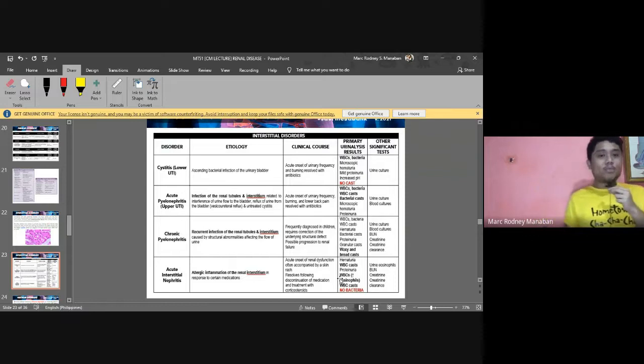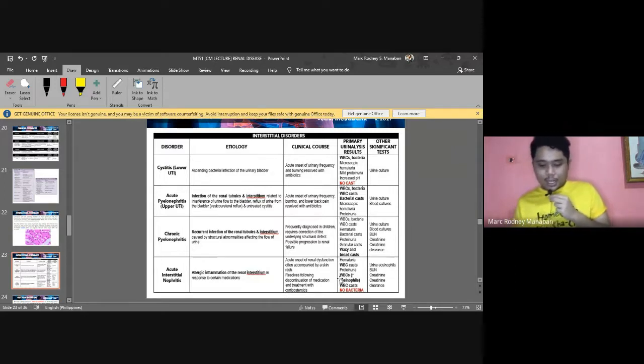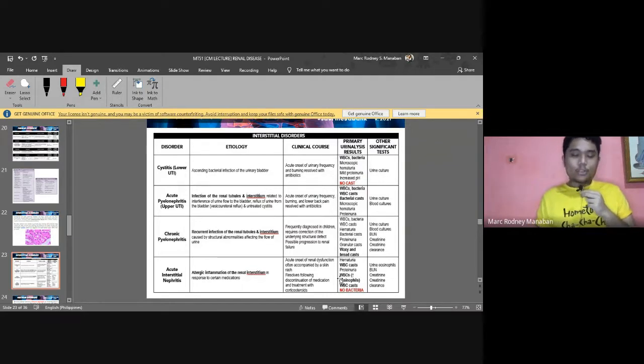But again, it can also be caused by allergic reaction to medication such as penicillin, NSAIDs, non-steroidal anti-inflammatory drugs, and other drugs. So there is acute onset of renal dysfunction accompanied by a skin rash, because again, it is allergy. It resolves, of course, following discontinuation of the drug that caused it.